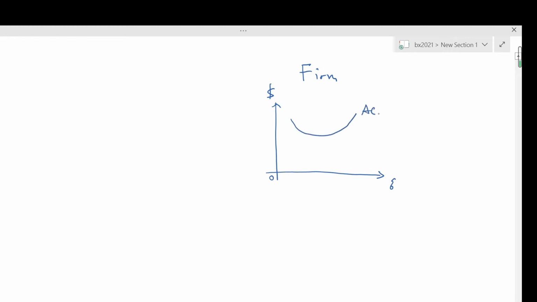So average cost, average variable cost, and marginal cost. Marginal cost passes through the minimum point of average cost and the average variable cost.